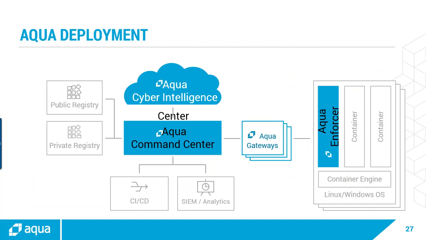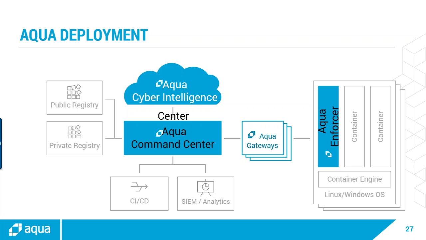I don't know what happened to the fonts here, but looking at the deployment, it's a fairly simple setup. We have a command center, which is basically a server which can be installed anywhere. It's actually a container in itself, and we connect that to your public or private registries.